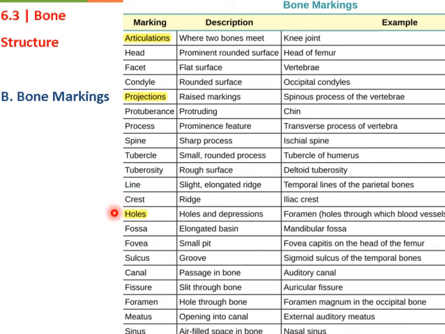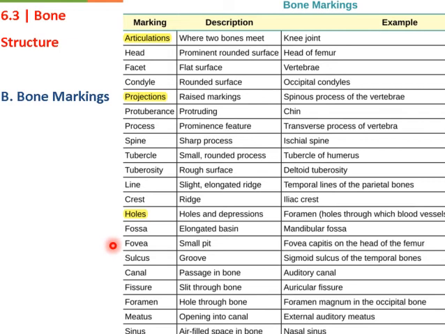Now, in terms of holes, which include openings and depressions: a hole is an opening or a groove in the bone that allows blood vessels and nerves to enter the bone. And here we have different terminology. We have fossa, which is like an elongated basin or a dish.